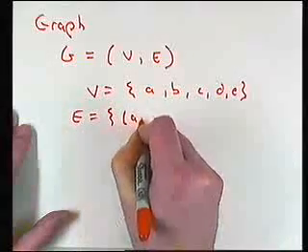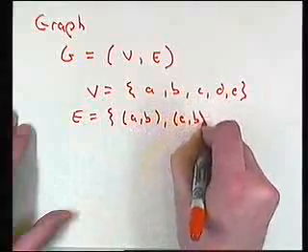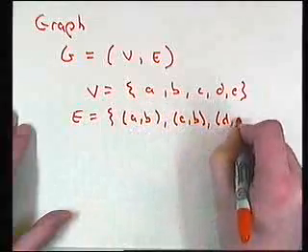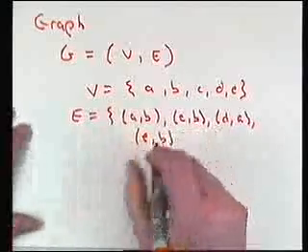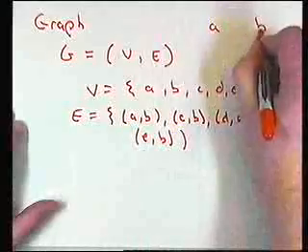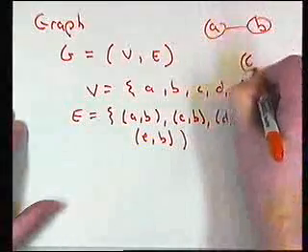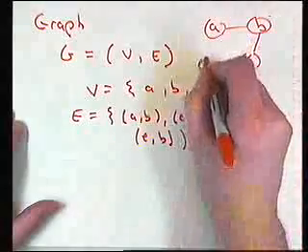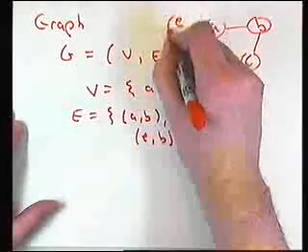So I have here maybe AB, and I have CB, and I have DA, and I have EB. And so the graph starts to look like this, where I have here A and B are connected, and C and B are connected, and D and A are connected, and E and B are connected.